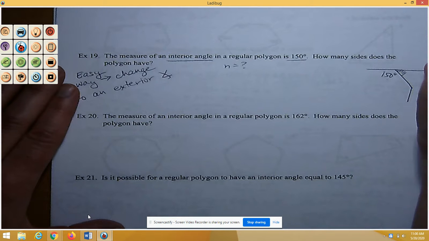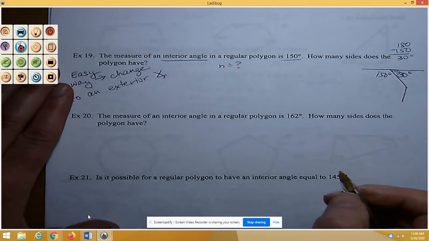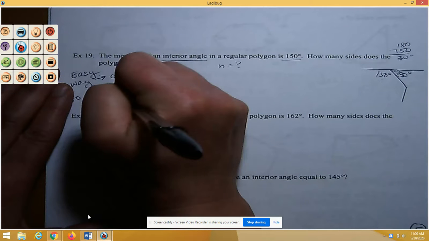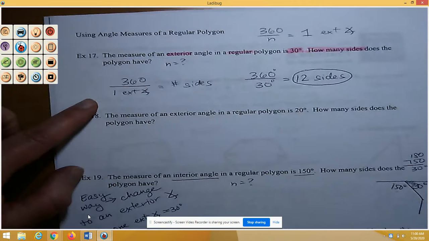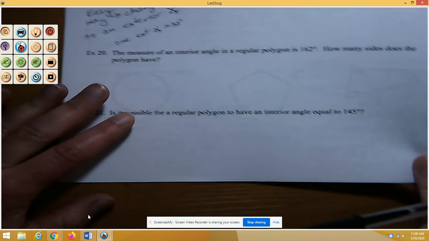So now I have one exterior angle is 30 degrees. Does that look familiar? It's the exact question that we just did in number 17. So then we would do 360 divided by 30 and get our 12 sides. That is the easy way.